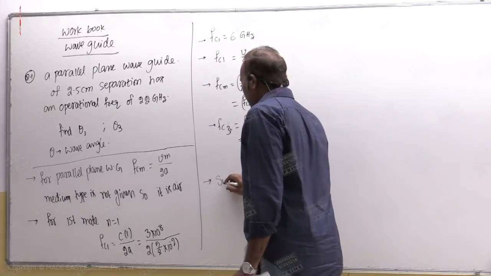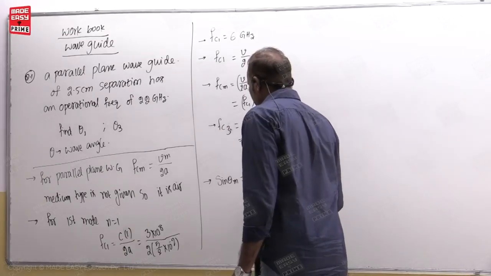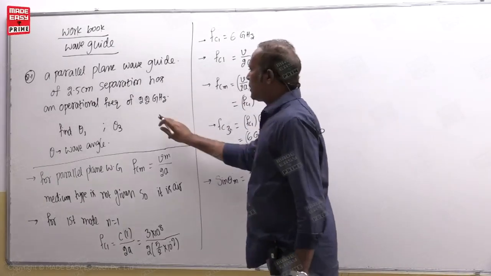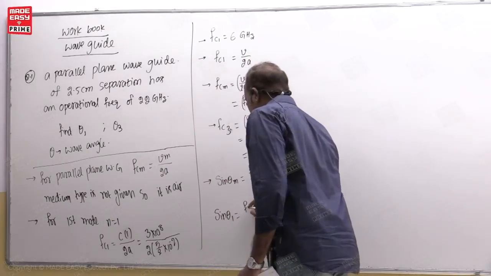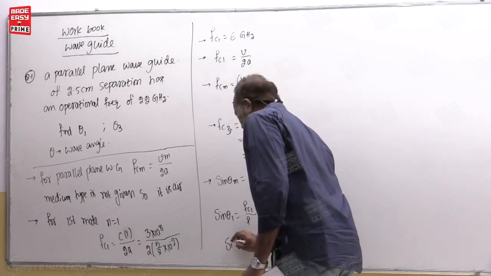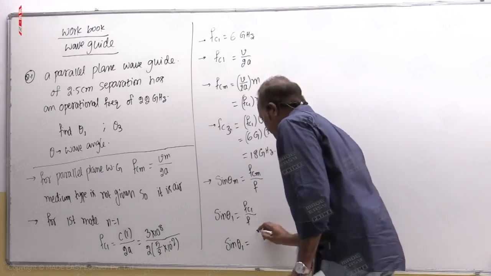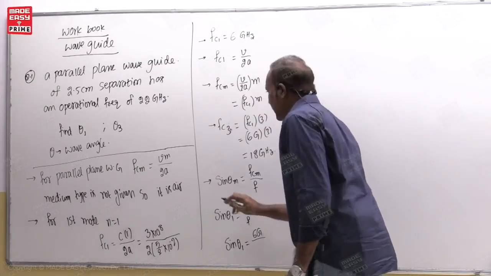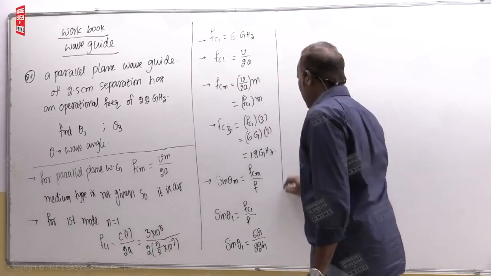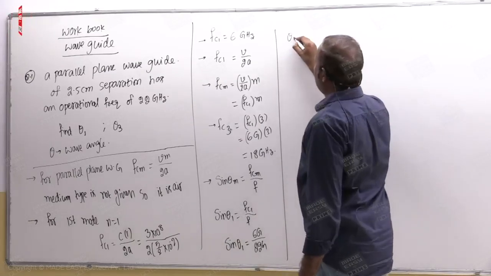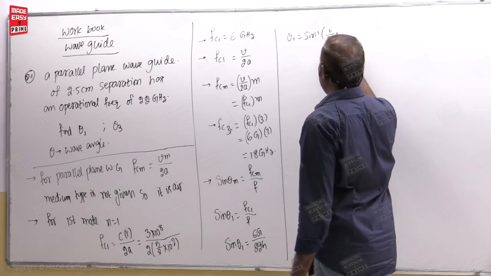Now sin theta m is equal to FCM by F. So here F is operating frequency, 22 gigahertz is given. Now sin theta 1 is equal to FC1 by F. So sin theta 1 is equal to FC1, here 6 giga, divided by operational frequency 22 gigahertz. Then theta 1 is equal to sin inverse of 6 by 22.